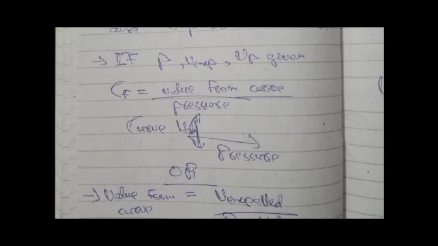There are certain problems of compressibility in which you are required to calculate the compressibility factor C_F, which can be calculated by the value from the curve, which I will be telling you about, divided by the pressure at that particular point you want to measure. This is a particular curve that would mostly be given to you in the compressibility problems.